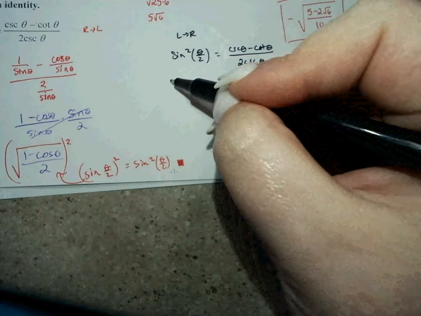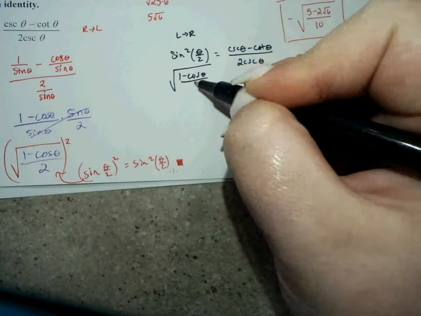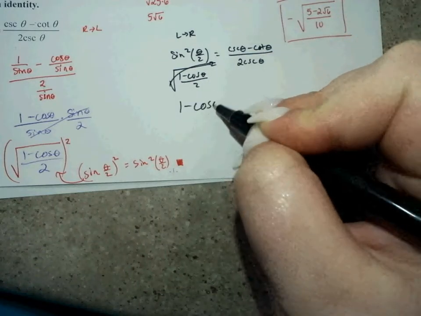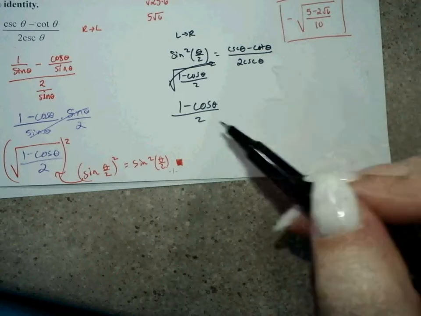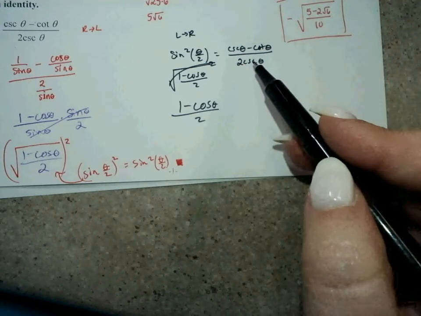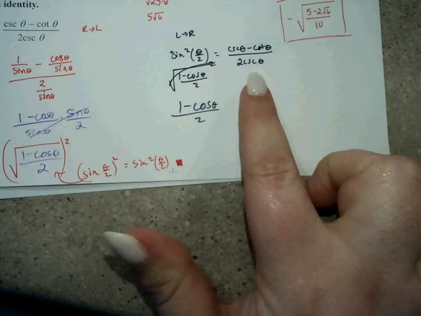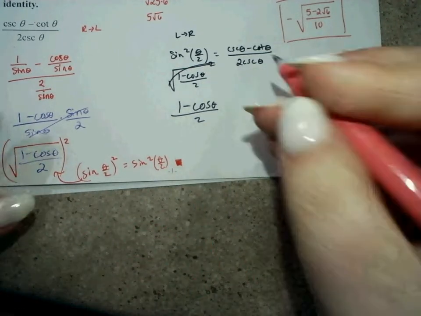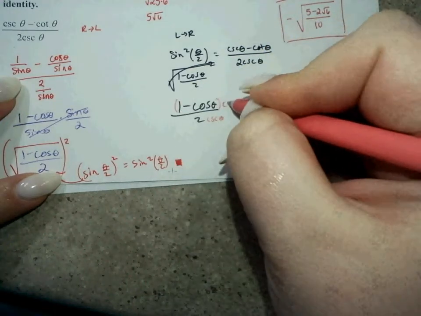I know that the sine of the half angle is the square root of 1 minus cosine of theta divided by 2, and then the squared, so those go away, and I'm left with this. So the easiest way to go from here to there is to recognize what this one has and what this one has that this one doesn't, right? The denominator over here is a 2 cosecant. This is just a 2, so if I literally just multiply top and bottom by cosecant, then I might be done.